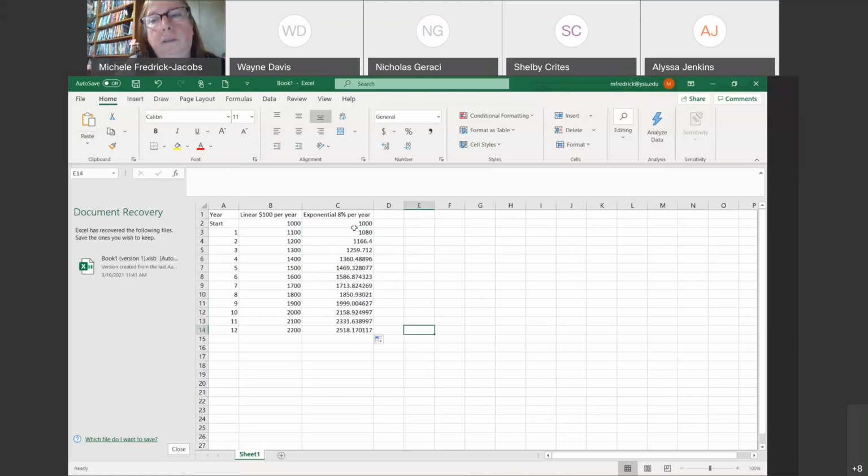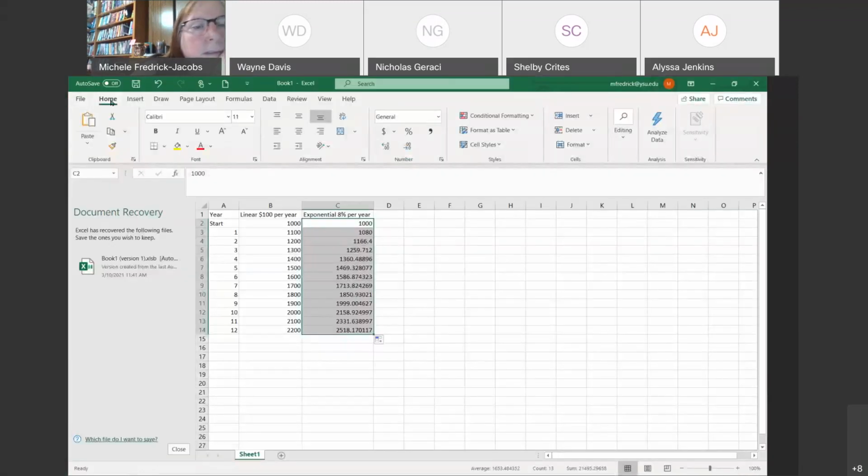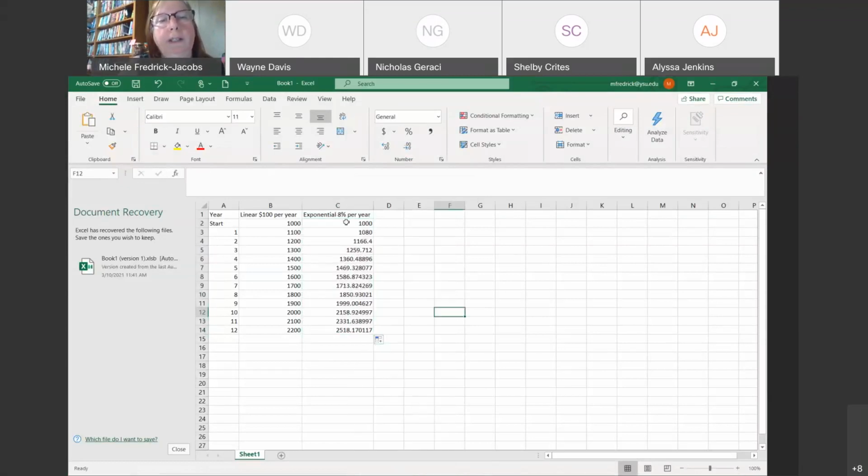Any questions? To get it to round, you highlight your data and then go to File. Sorry, not that one. So what you do is highlight it, and I didn't include the words because I don't want that to change, only the numbers.